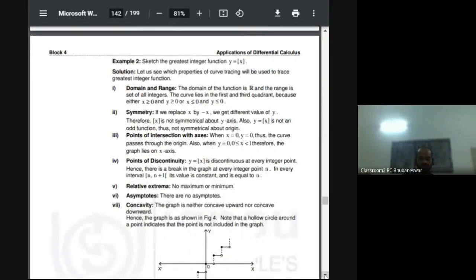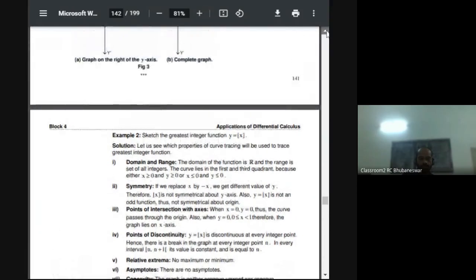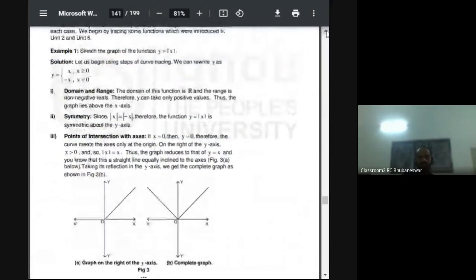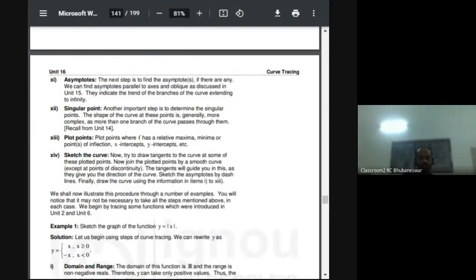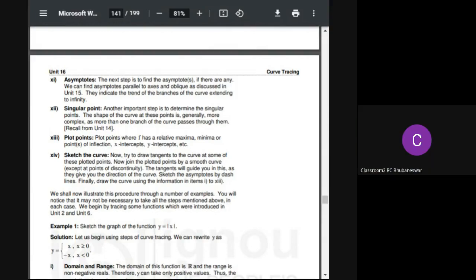And finally, we move to the 10th point, that is tangent and normal. We also have to investigate the tangent and normal to the curve at different points. Then the 11th point is asymptotes. In the 11th point, we have to investigate whether the asymptotes are present or not.